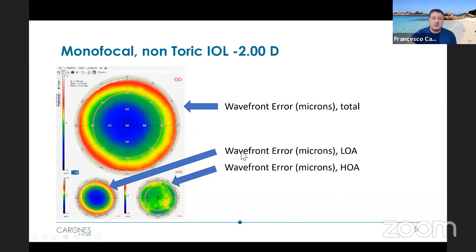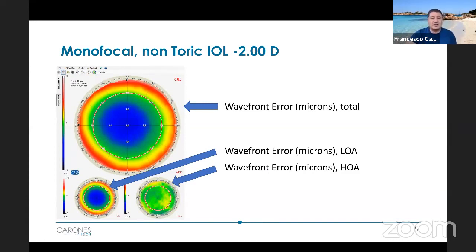You see here the wavefront error, again in microns, for low order aberrations in this part of the image, and here the high order aberrations wavefront error in microns. This is pretty much what the Aberrometers do, generally speaking.